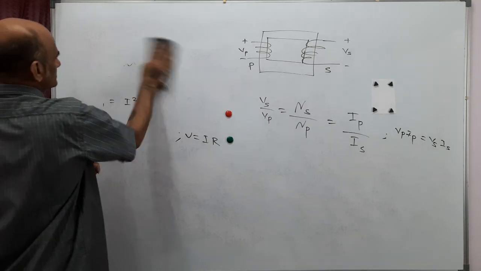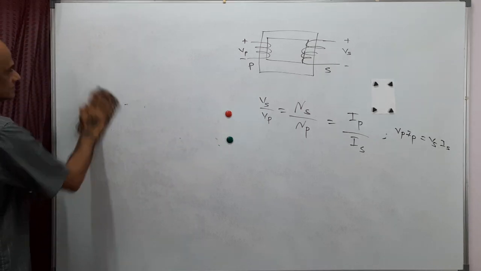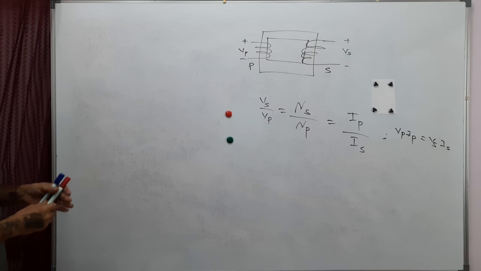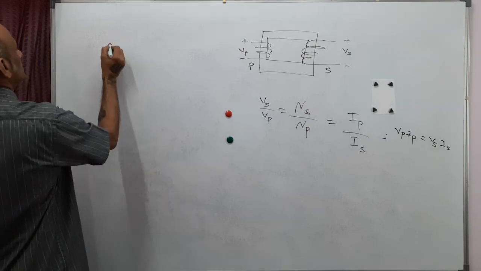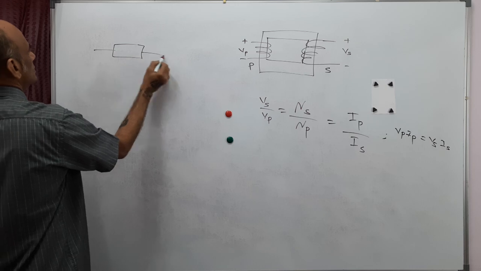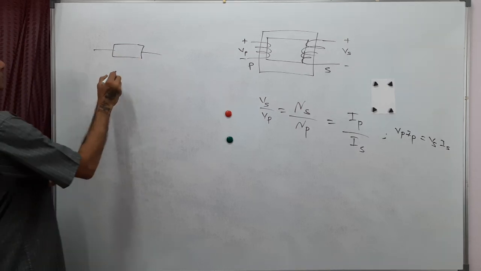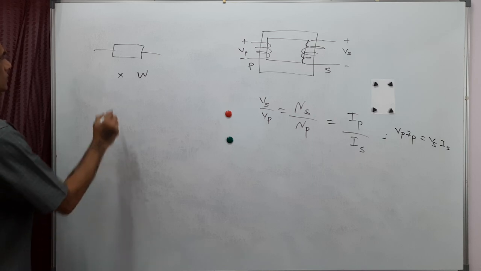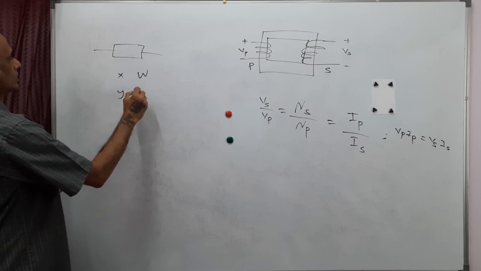Another basic thing is, suppose I have an electrical device. The rating of the device will be given in terms of power and voltage. Say X watts is the power rating, and the voltage is say Y volts.